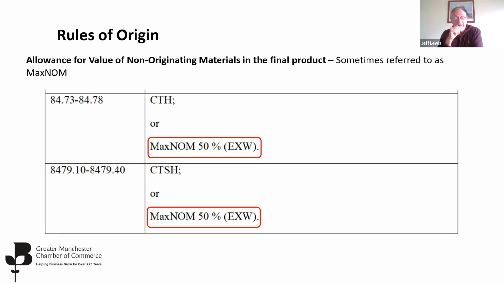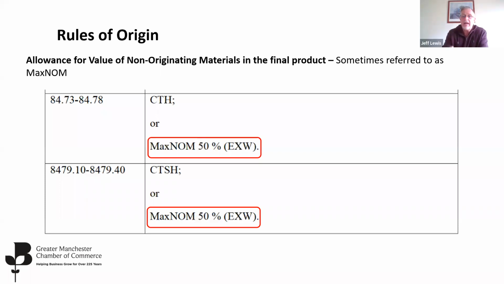All right, now, in some rules, you will get an "and". So you need to read the rules clearly. Some of the older trade agreements that we have taken from the European days do still say change in tariff heading and this.